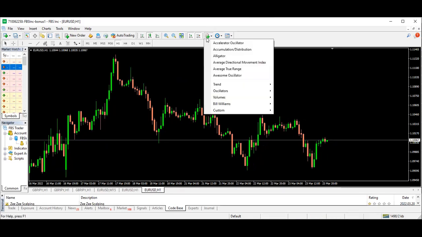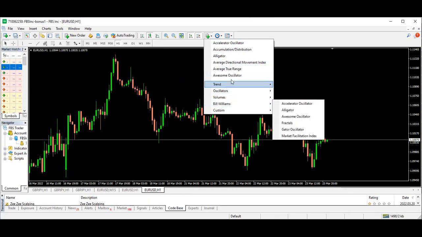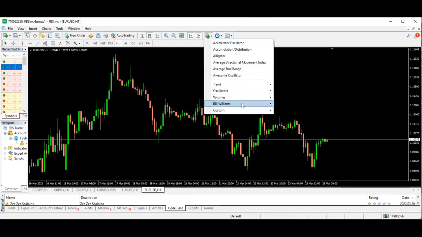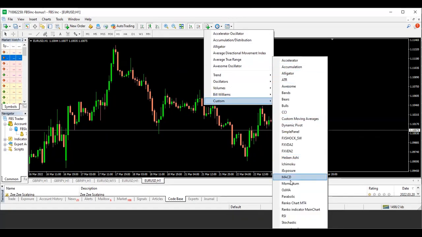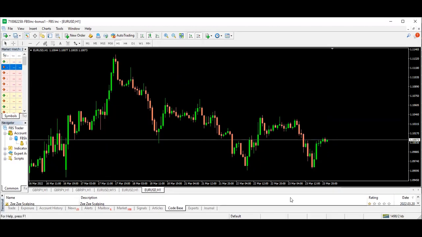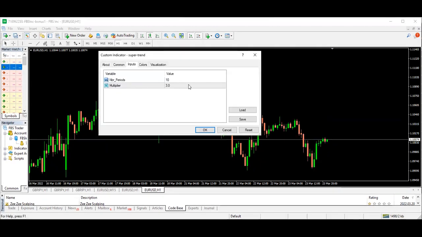Because it is a custom indicator, it doesn't come with the MT4 platform by default. So I'll go to custom. These are the custom indicators I installed here in the past. So this is it here, super trend. I click on it, and on this chart I'll be attaching 3 different super trend indicators.